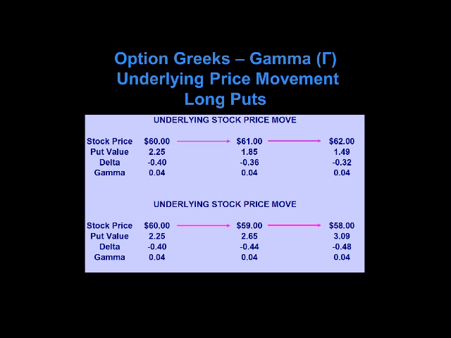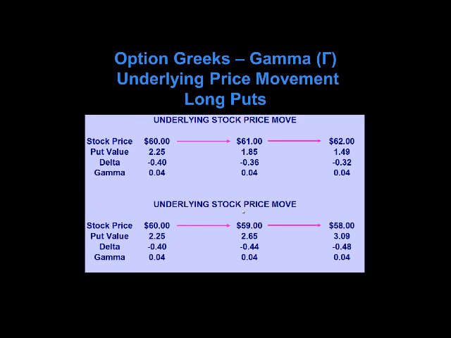That's what helps you make money at an accelerating rate, lose money at a decelerating rate, so that it works out to your advantage. All right. So when you're long a call or long a put, you're positive gamma. Your delta, you're positive on calls. You're negative on puts.